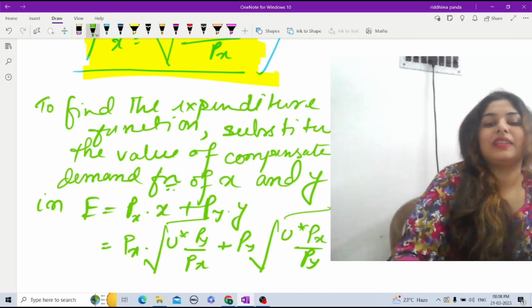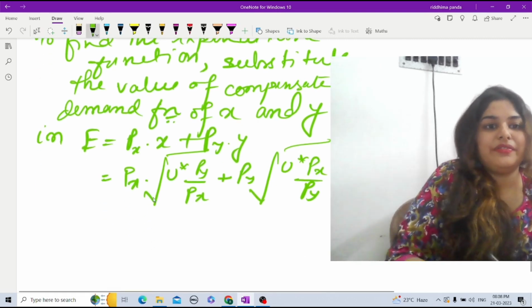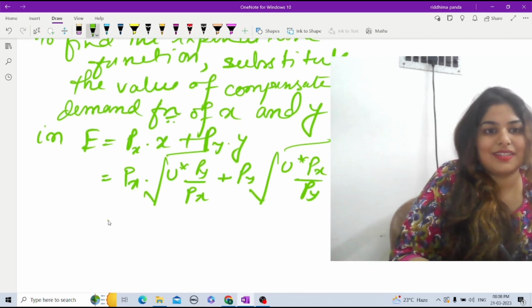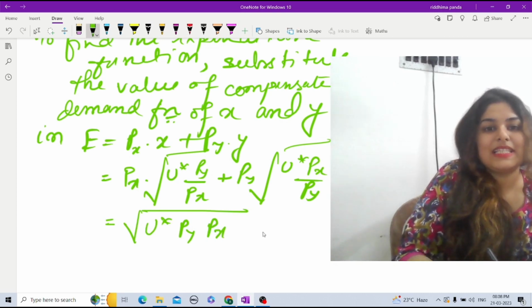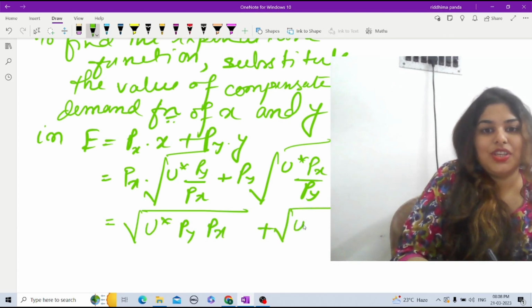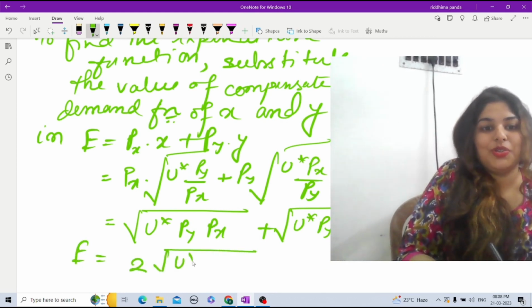Let's simplify. After simplification, we have root over u star py into px plus again root over u star py into px. That is, E is equal to 2 into root over u star py into px.